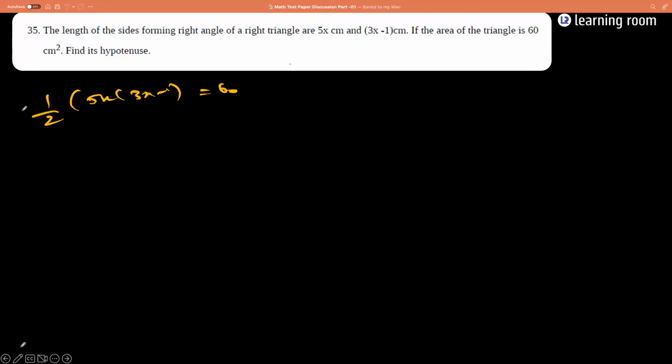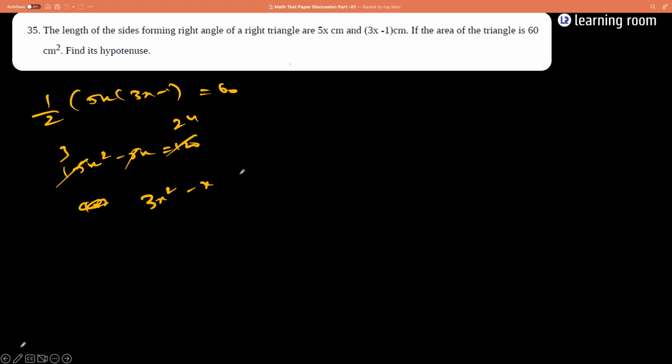So 15x square minus 5x is equal to 120. I can cancel this with 5. So 3x square minus x minus 24 is equal to 0.